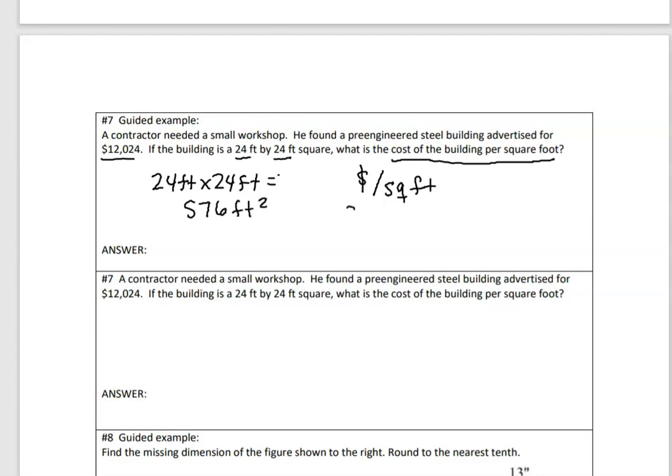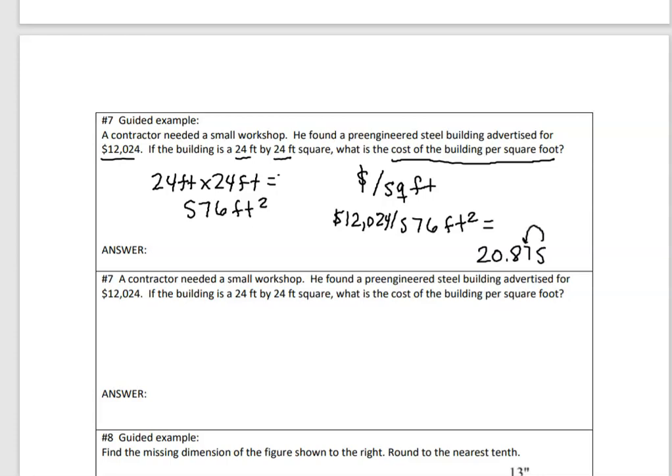So then we want to divide by, so we've got dollars divided by square feet. So we want to take the number of dollars that we have, which we said was $12,024, divided by the number of square feet we found. Okay, so 12,024 divided by 576, and we're getting 20.875.